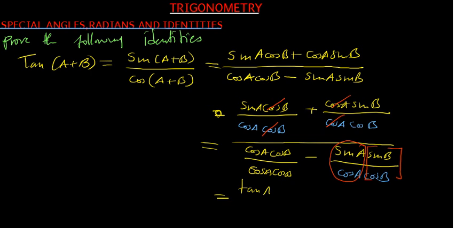And then the other place there, plus what we've remained with is sin B over cos B, which we can also write as tan B. And then divided by this portion has given us a 1.